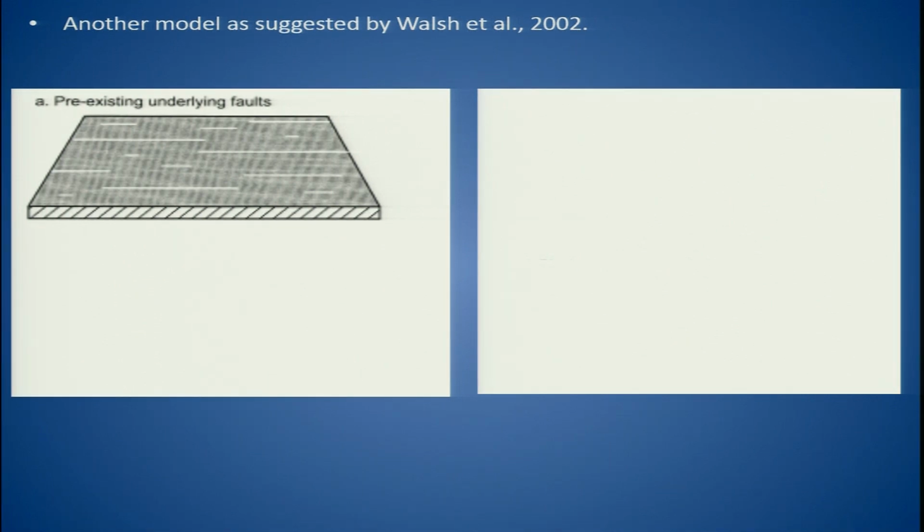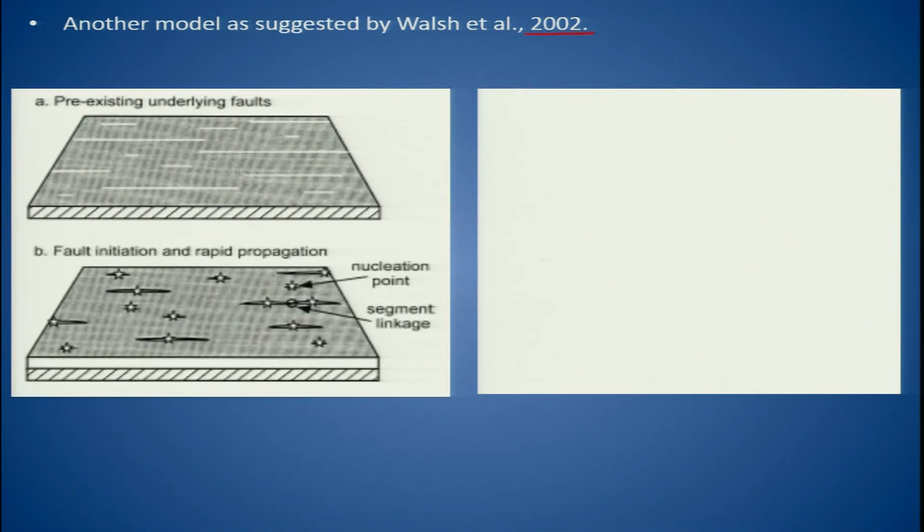But before going to that, let us see another model proposed by Walsh in 2002, which suggests a similar thing. He suggested that the deformation will start at a nucleation point here, and then the folds will keep growing radially, or we can say laterally. The time will come when they come closer to one another and get linked, and this is your segment linkage.